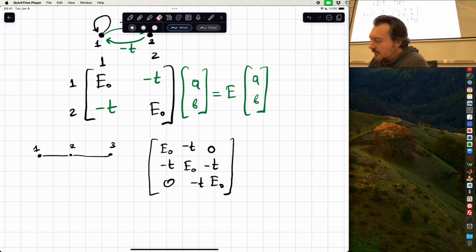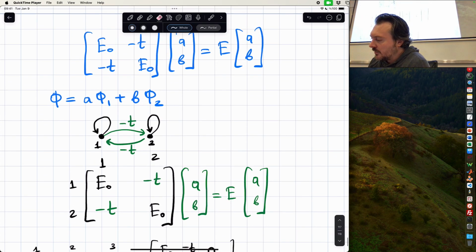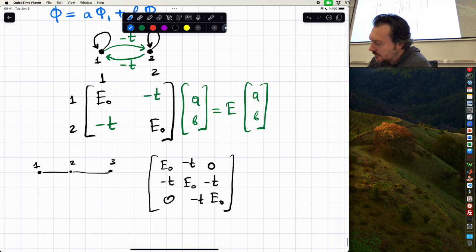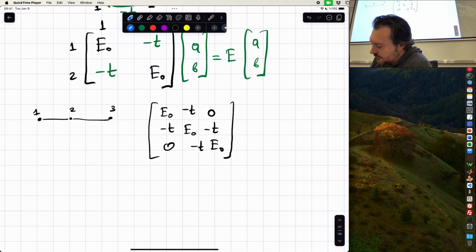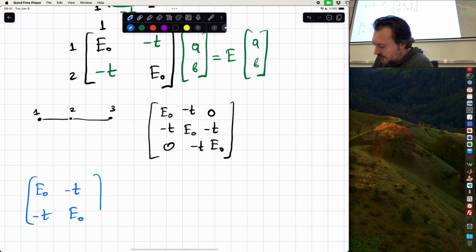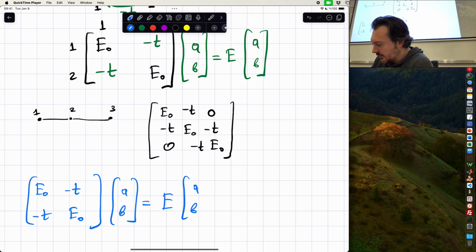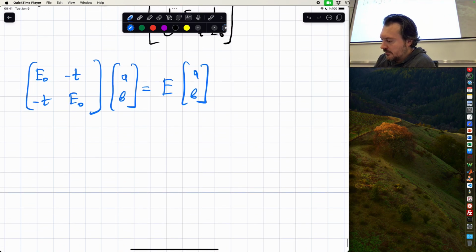So let's solve this simple case, which is this one, right? E0, minus T, E0, times AB equals E times AB. It's an eigenvalue equation. How do you solve it?